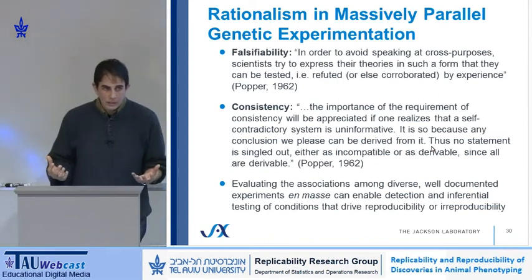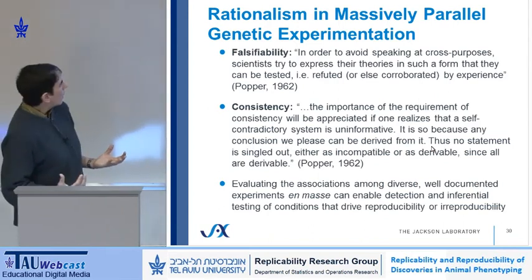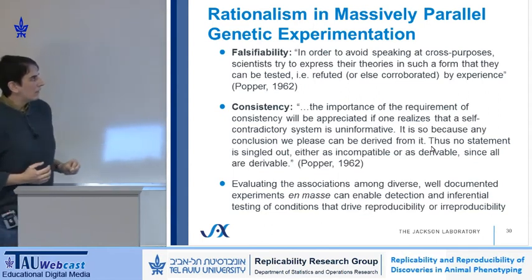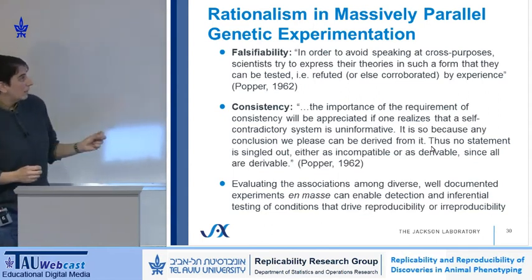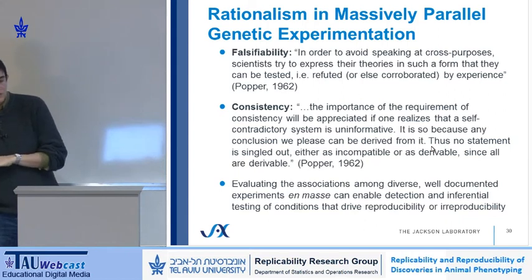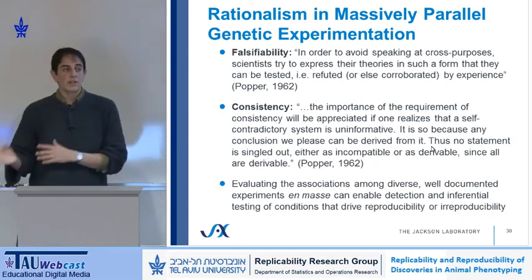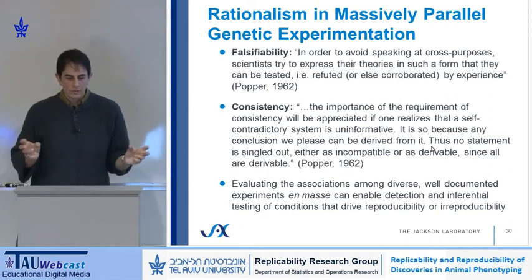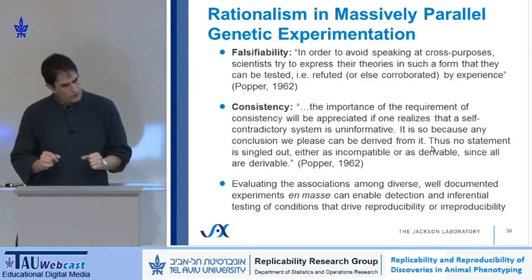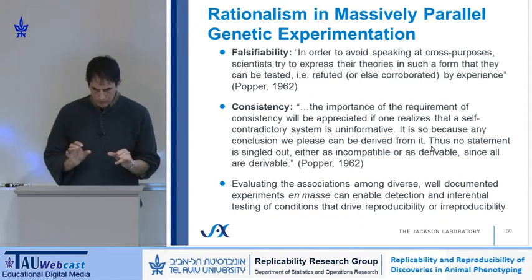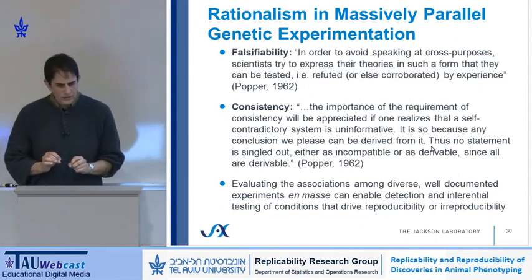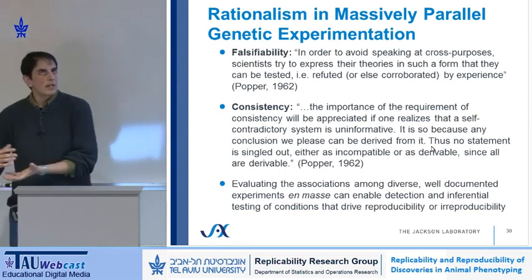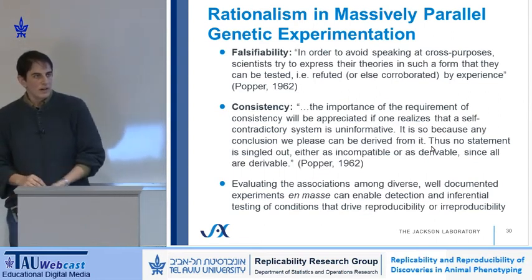But what I really think about is, we want to evaluate the associations among diverse experiments en masse and enable the detection of the conditions under which they associate and the conditions under which they dissociate. So if we think about a new, and I don't know if it's a new paradigm or not, but really the inference is whether or not these data have cohesiveness.